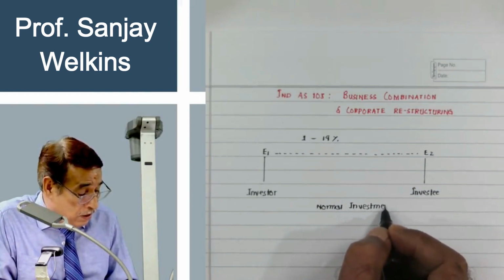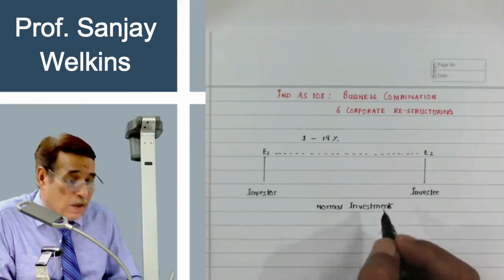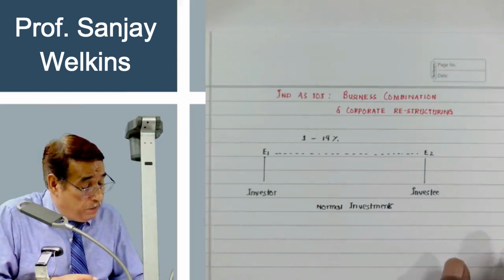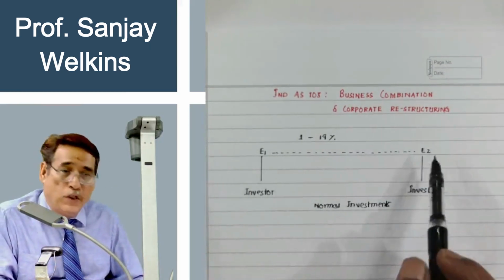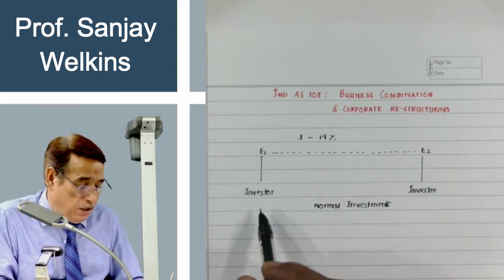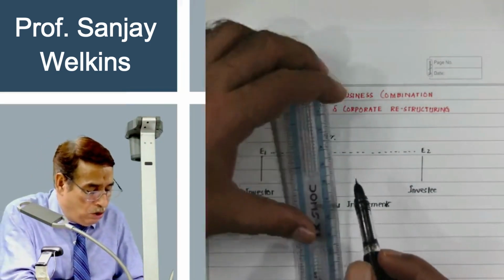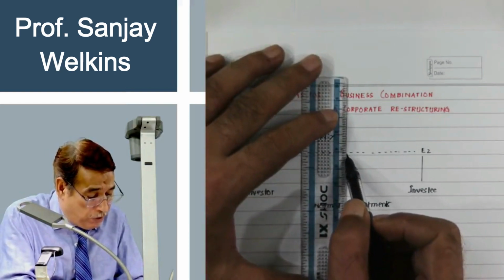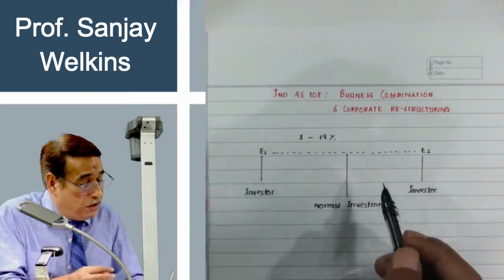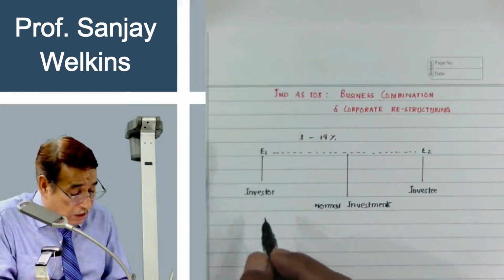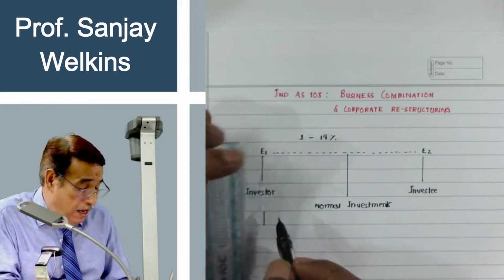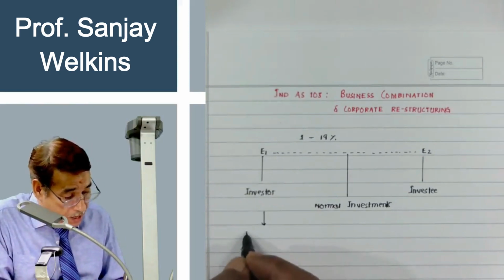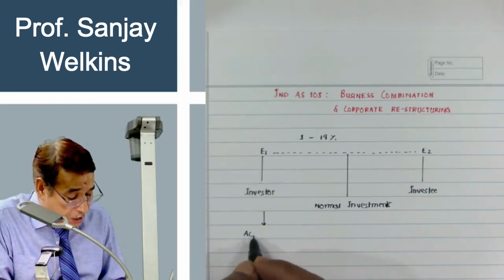If an entity invests in another entity, correct, and their stakes are in between 1 to 19% of the total share capital of that particular entity, then it will be considered as normal investment. Why am I saying it will be considered as normal investment? Because in this case, the investor, E1 entity, will have to do the accounting as per Ind AS 109.